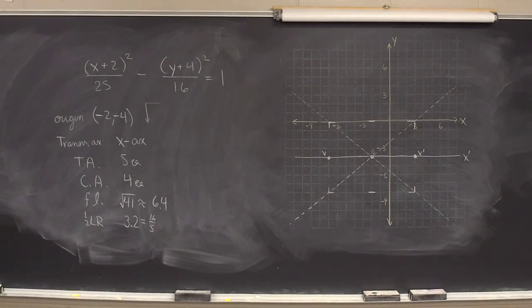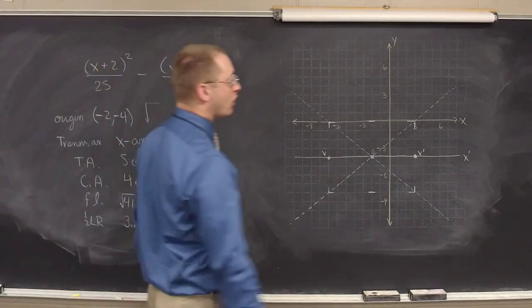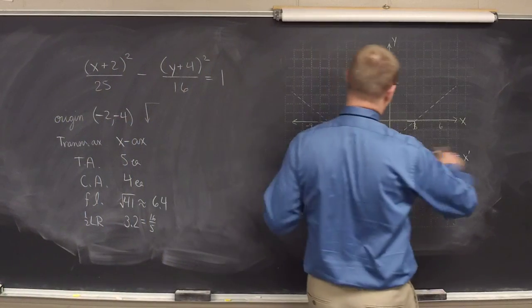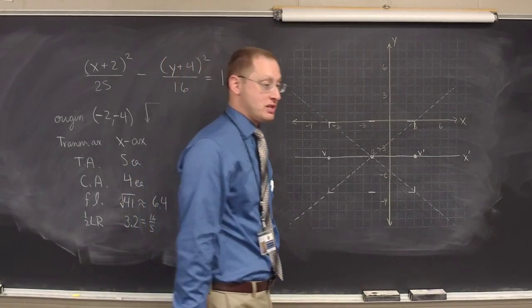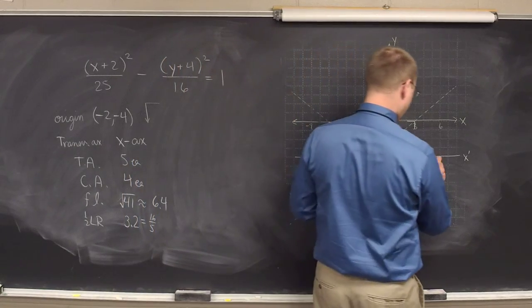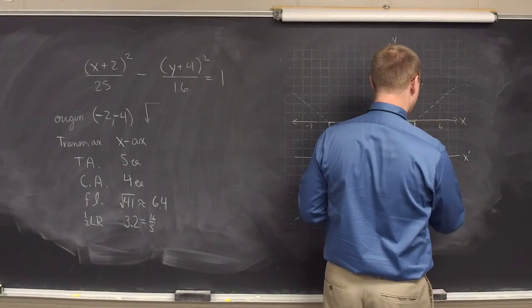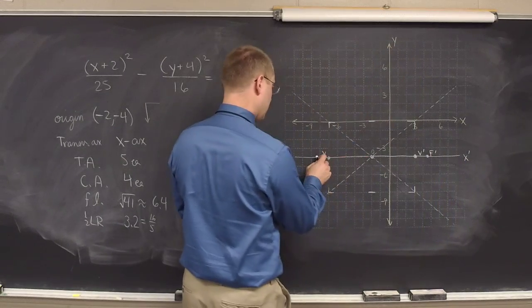All right, from there, we need to go right and left 6.4 from the origin, not the vertices, out 6.4. I've had students say, there's not room to do this, Mr. Esky. I've had that happen on a quiz or test. No, from the origin, go out 6.4 to the foci.